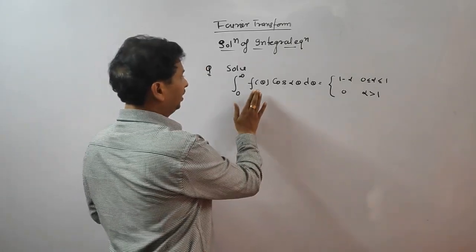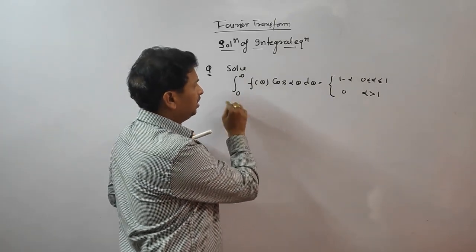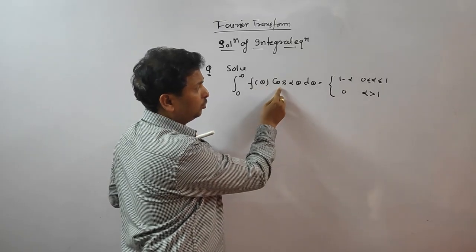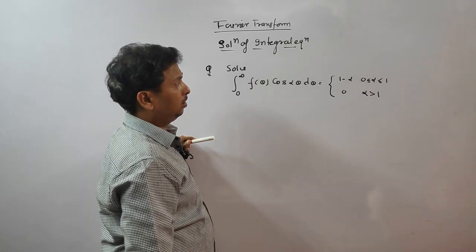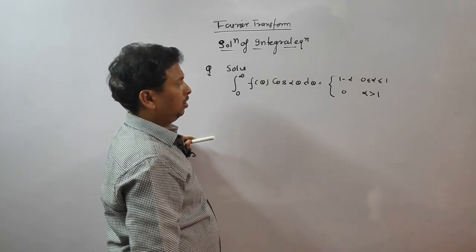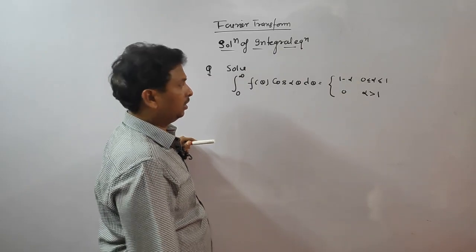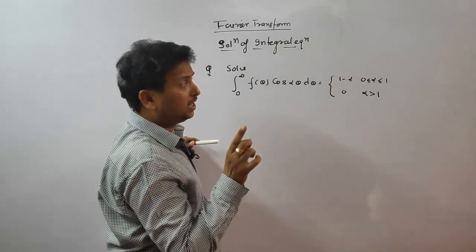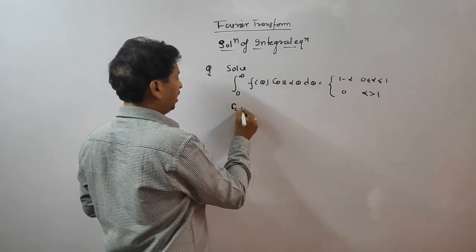So how we calculate f(theta)? So friends, see what is given: integral 0 to infinity f(theta) cos(alpha theta) d theta. If you know Fourier transform, then this is just similar to the Fourier cosine transform, because what is the Fourier cosine transform?